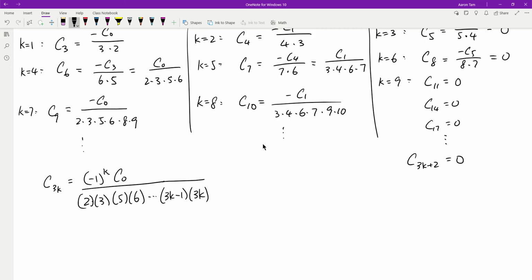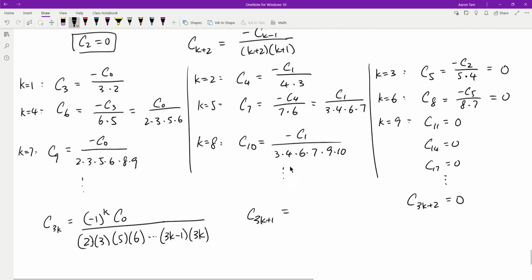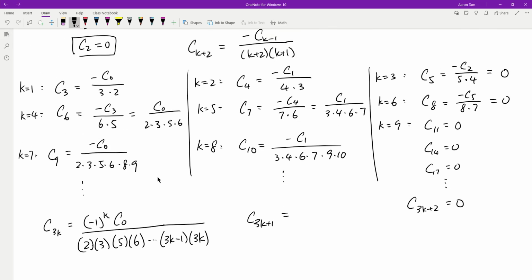The middle column would form c sub 3k plus 1. See, 3k, 3k plus 1, 3k plus 2. Nice little pattern here. Notice that we also start with a negative term, so I'm going to say negative 1 to the k also. And this one all have c sub 1, so I'm going to put c sub 1.